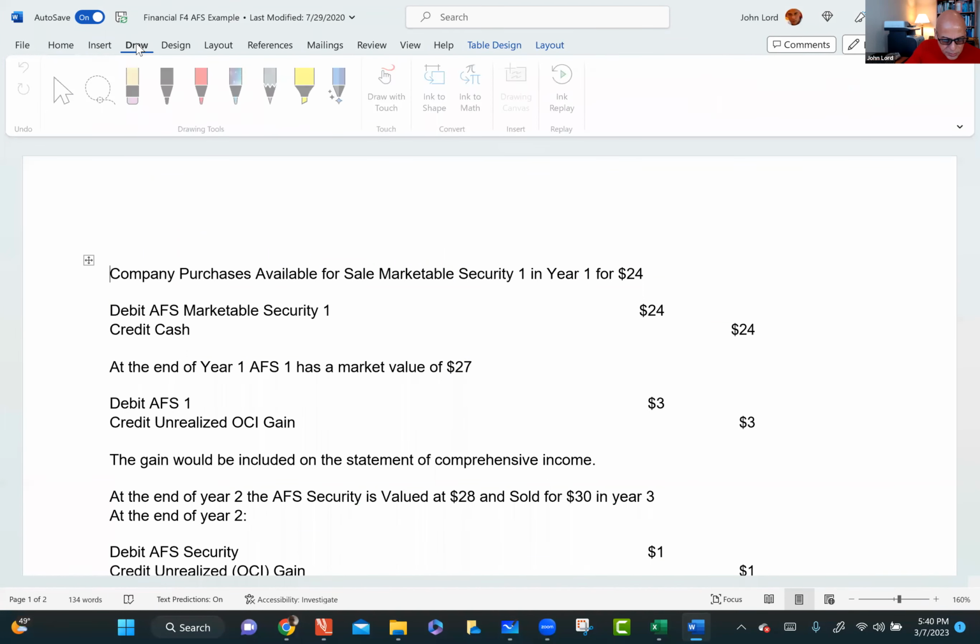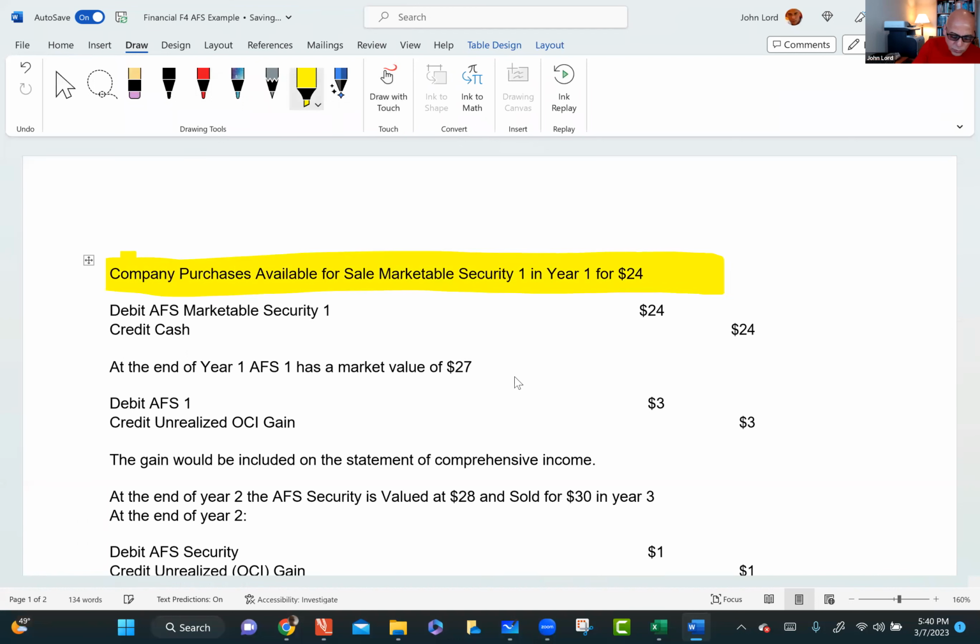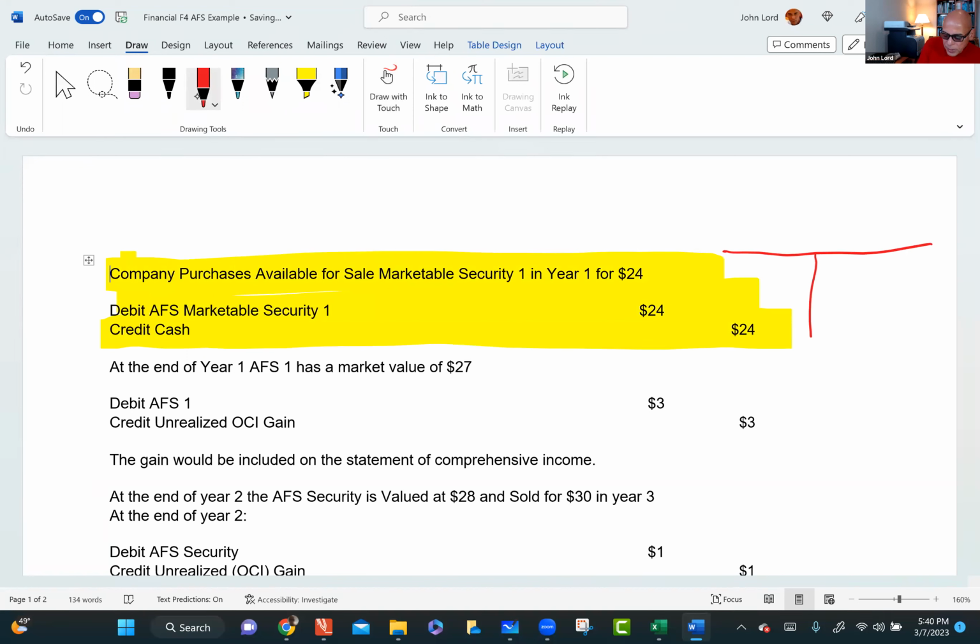A company purchased a marketable available for sale security for $24. When they buy the security, they debit the security for $24 and credit cash. Now I'm going to tee up the security.